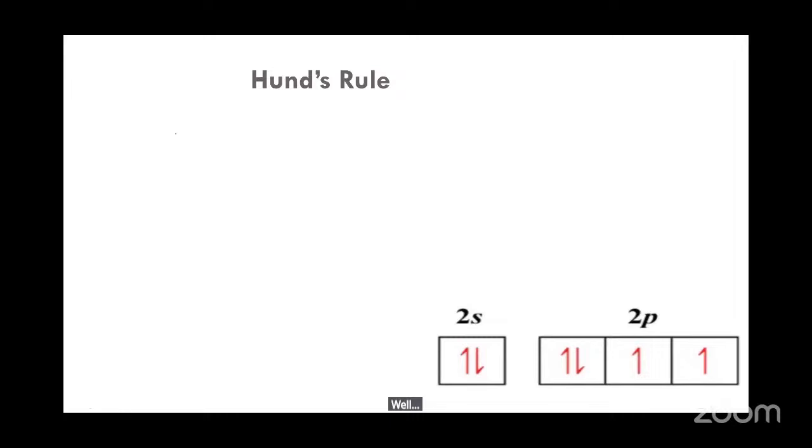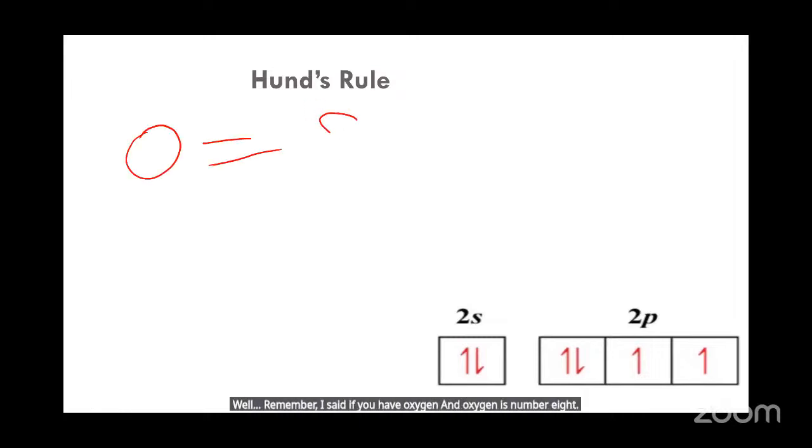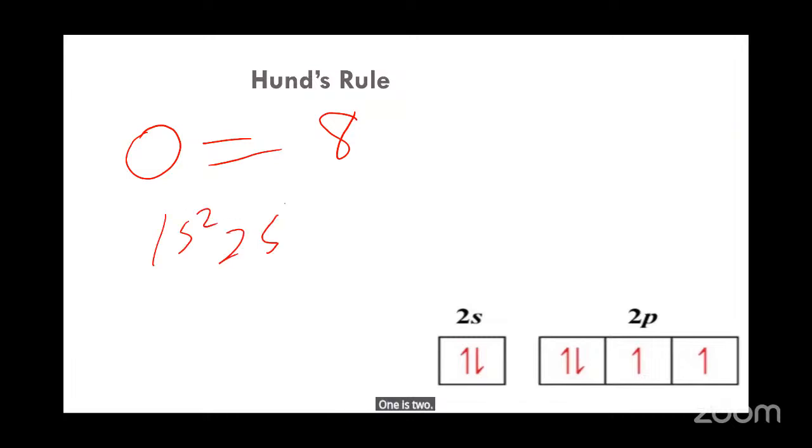Remember, I said if you have oxygen, and oxygen is number 8, then we're going to put 1s2, 2s2, then 2p. We'll now separate the p's: 2px, 2py, 2pz.